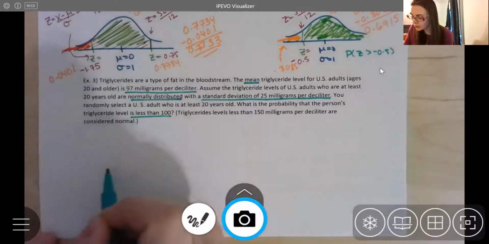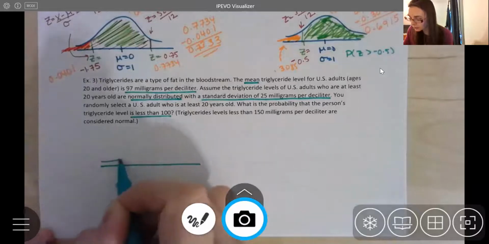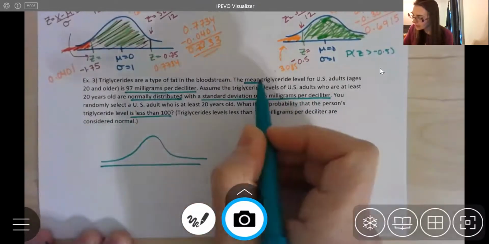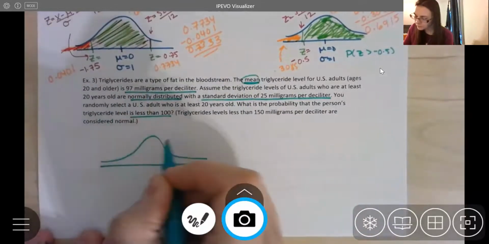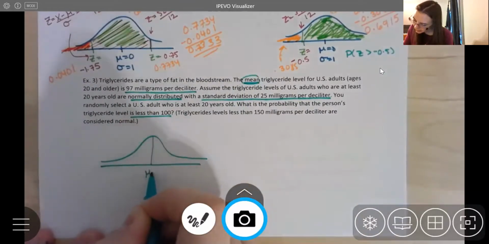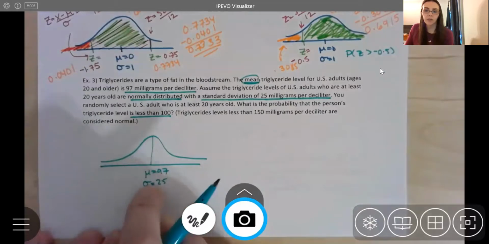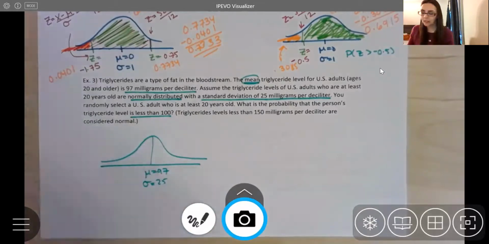So I know that it's normally distributed. I'm going to make a picture. For me, that's how I always start. I know my mean level is 97, so that center here is at 97. And my standard deviation is 25. I always just like to write it somewhere. You don't have to write it at the center. I just like to put it somewhere on my grid so I don't forget about it.